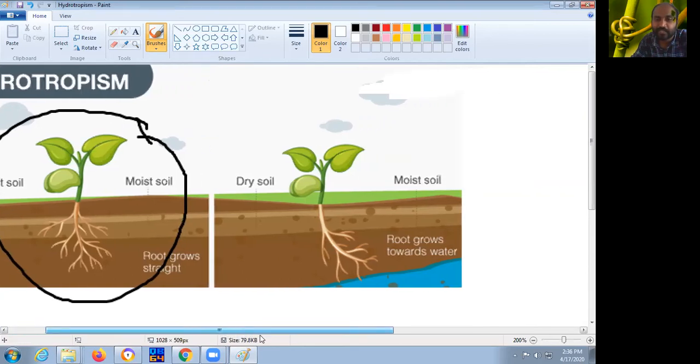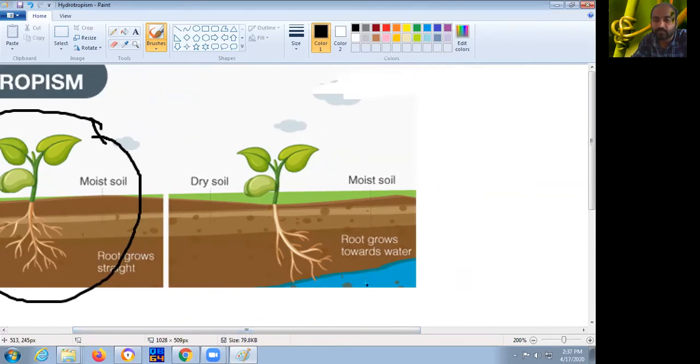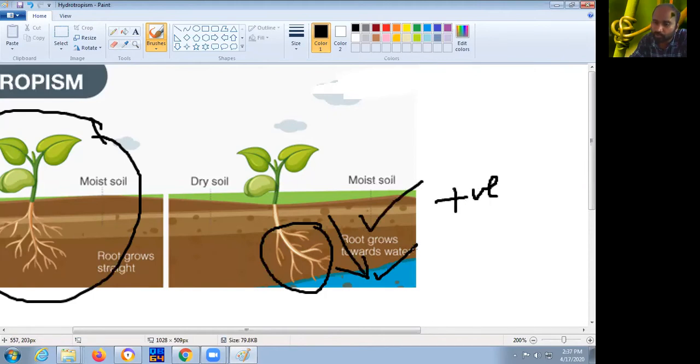After some time, water is observed. So what happens? See the behavior of the root. The root starts to grow towards the water. So the root shows positive hydrotropism. Why? Because it's bending towards the stimulus. Hope this one is understood.